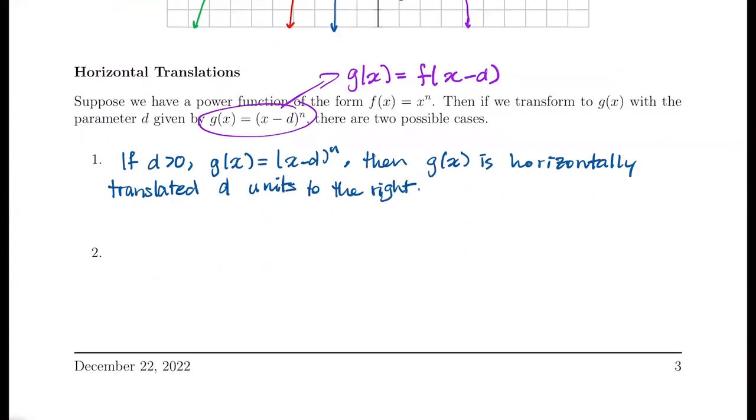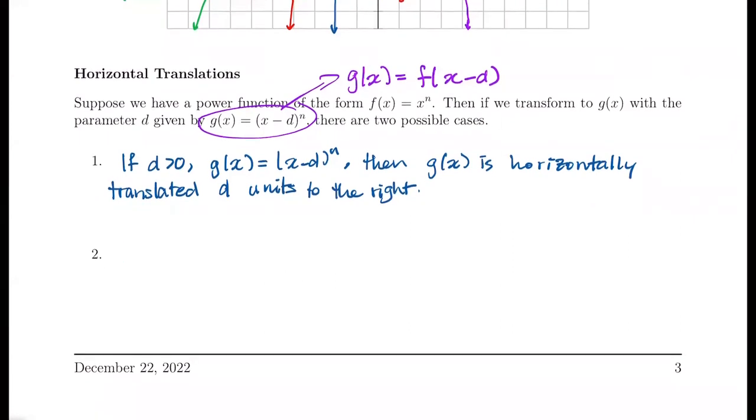But when d is less than 0, let's say now, then we would assume that it's going to be the opposite. So it would look something like this. You'll have a g of x, and then you have the x plus d this time to the power n. So just to be careful, whenever you see a plus sign, that means it's going to be the case that d is less than 0. But when d is greater than 0, you would see that you would have the negative sign instead.